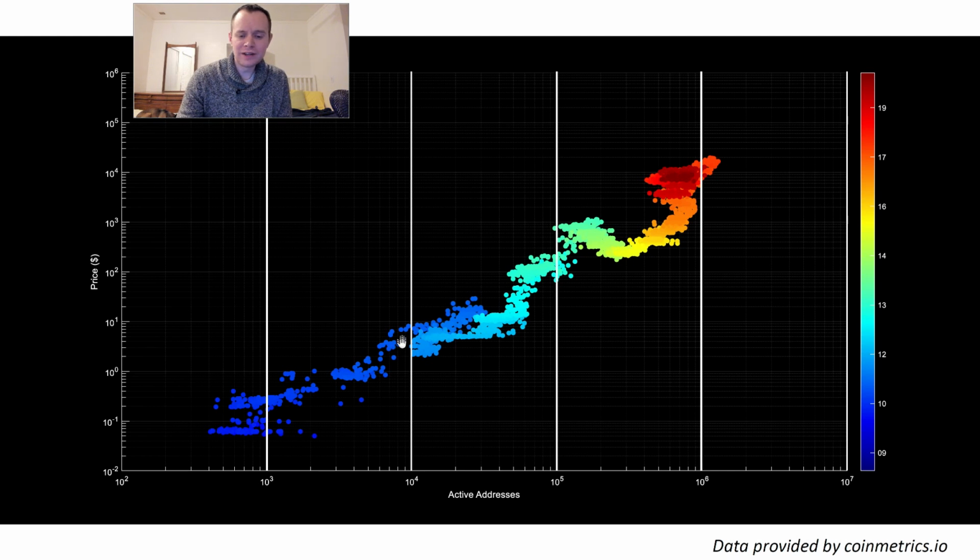And then moving forward again to 100,000 active addresses, the price increased again, ranging from around $100 up to a few $100s, or you could even say all the way up to $1,000 potentially, depending on if you include that shift backwards.